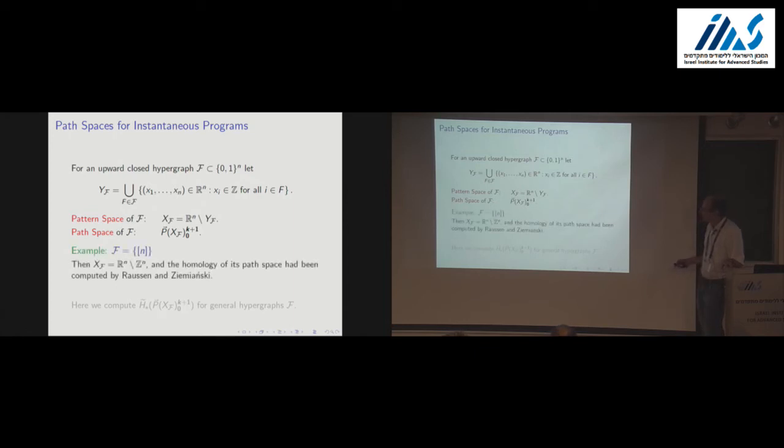So, for example, in the Rausen-Ziemienski case, we just have this hypergraph. The hypergraph is just one set, the set 1 to n. And then we remove just Z^n, and the homology was computed by them. And in general, we compute this for general hypergraphs in terms of some combinatorial parameters of the hypergraph.